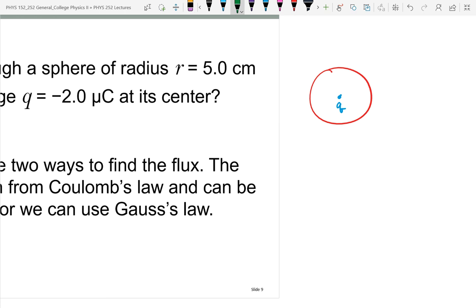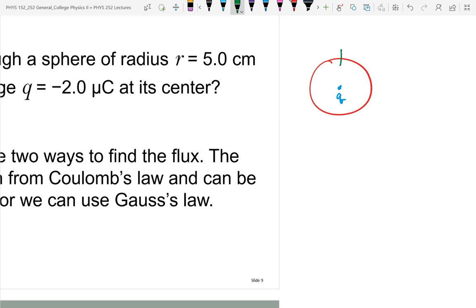Electric fields point blank to negative charge. Into. So the electric field is pointing into. So anywhere on the surface, electric field is into the surface.